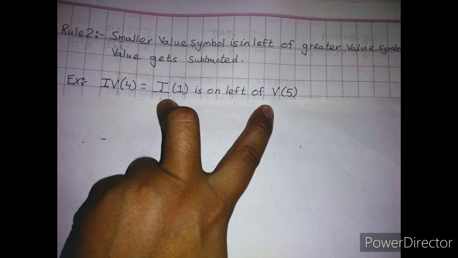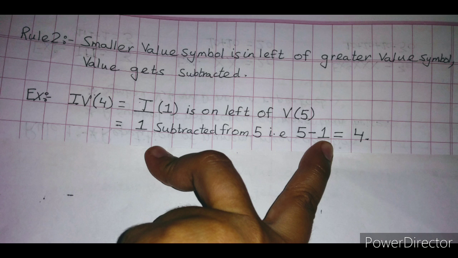So when we subtract 1 from 5, that is 5 minus 1, which is equal to 4. So how do we write 4? I, V. In a similar way we write 9. I, X. That is 10 minus 1 is equal to 9.